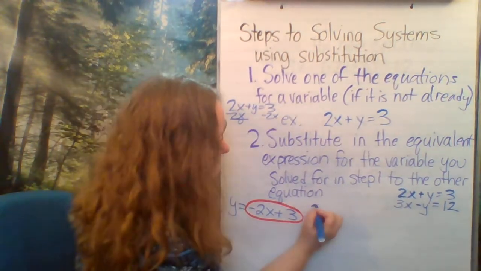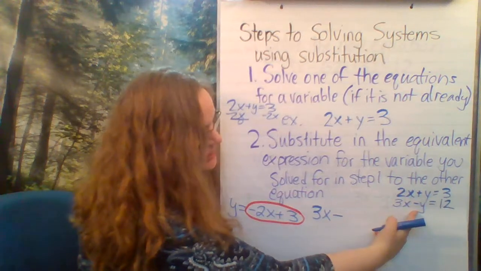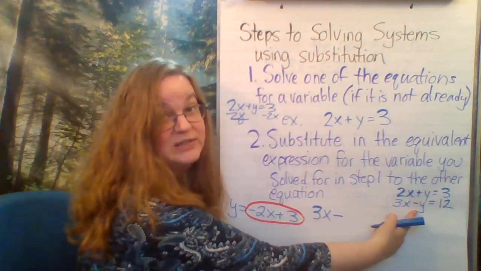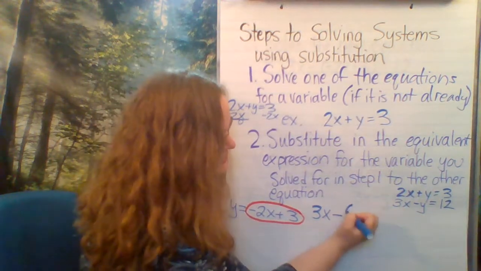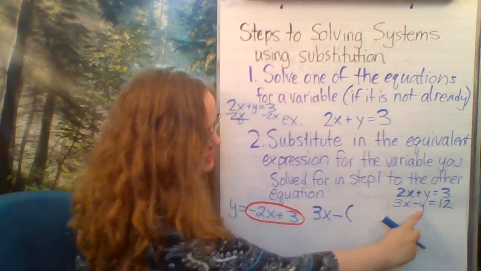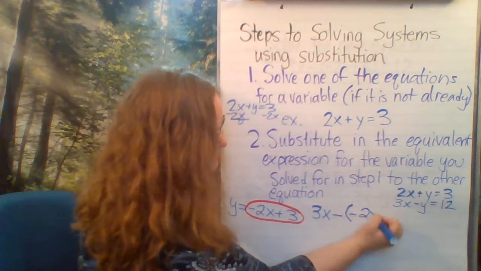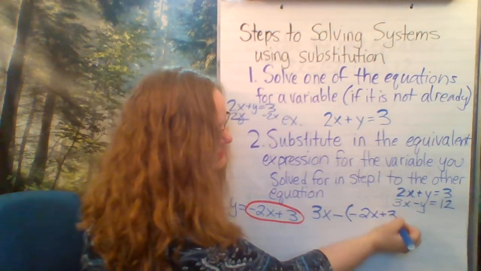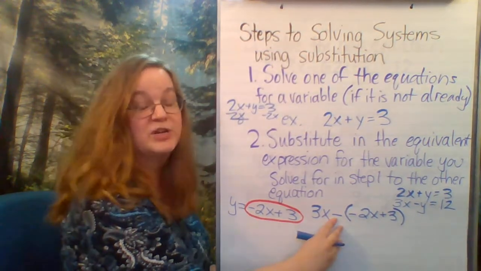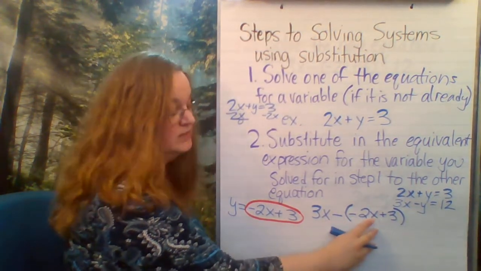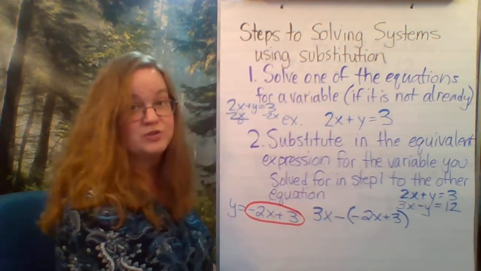So I would take my 3x minus, and one of the things that you really need to get in the habit of doing is substituting in parentheses. Instead of y, I'm going to replace it with this expression. With addition, it's not a big deal, but when you have a subtraction, you're going to have to distribute a negative, or if there's a coefficient other than 1, you're going to have to distribute that number.